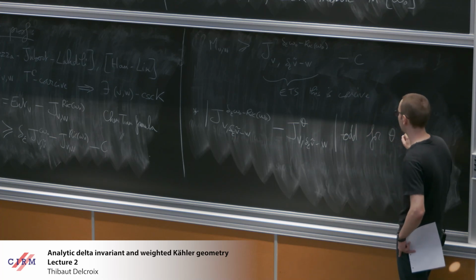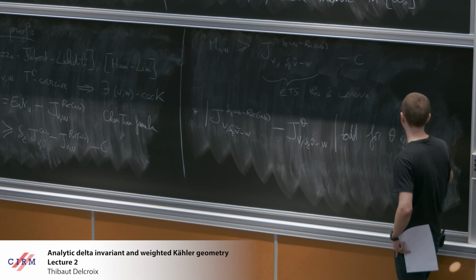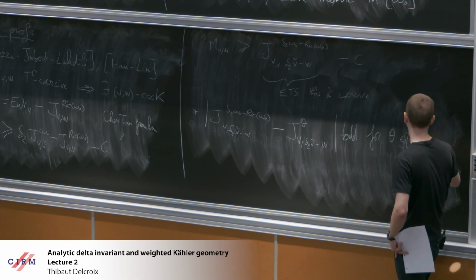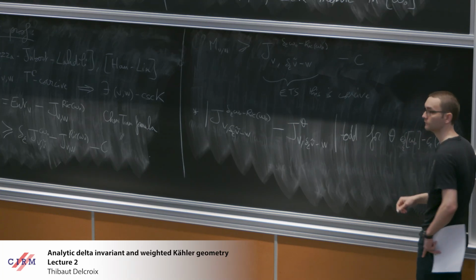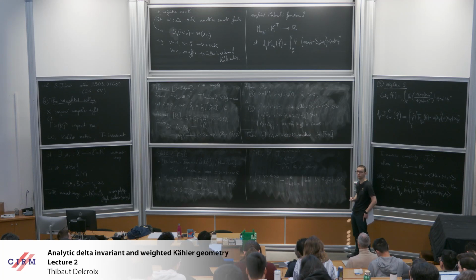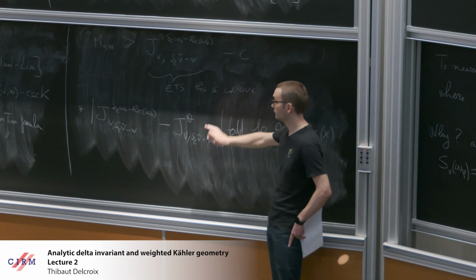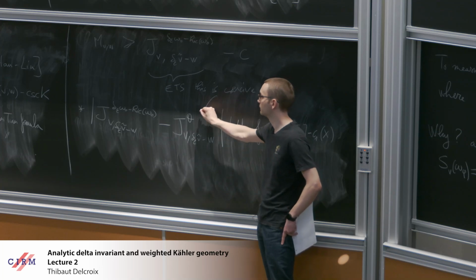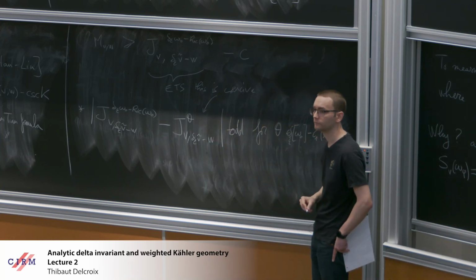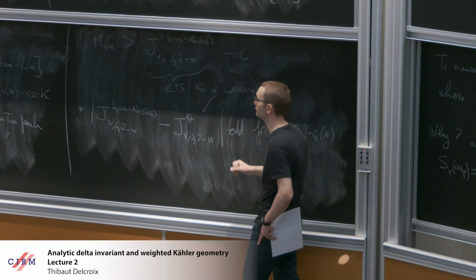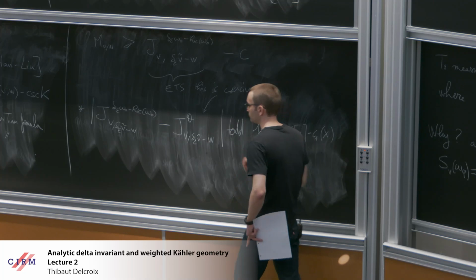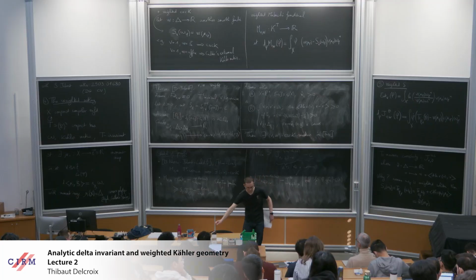If I take theta in this class, any theta in this class, the difference between the two is bounded. Same argument as yesterday. So it is enough to show that this is coercive. I can choose the theta.